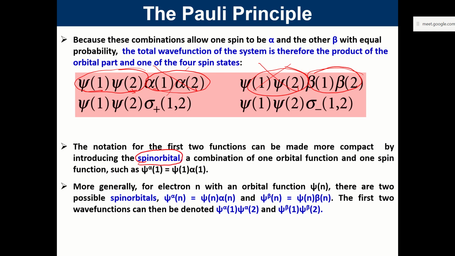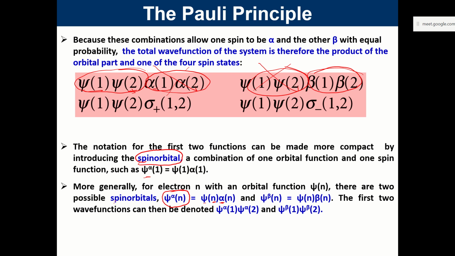And I also told you how to write this spin orbital, the total wave function, in a shorthand notation. In general, if the nth electron has spin alpha and psi n is the wave function, then this is how we write it, with alpha as a superscript. This shortens the thing. In short, you indicate the orbital wave function as well as the spin wave function.